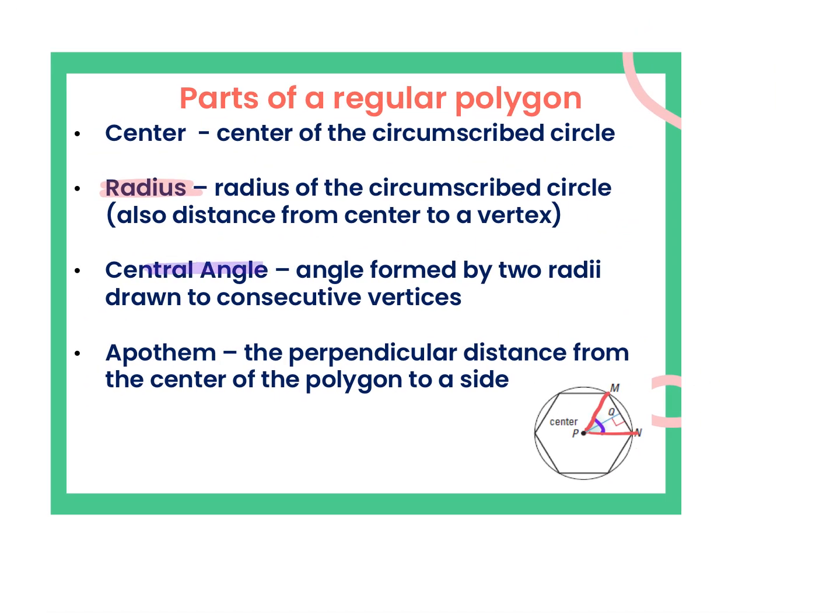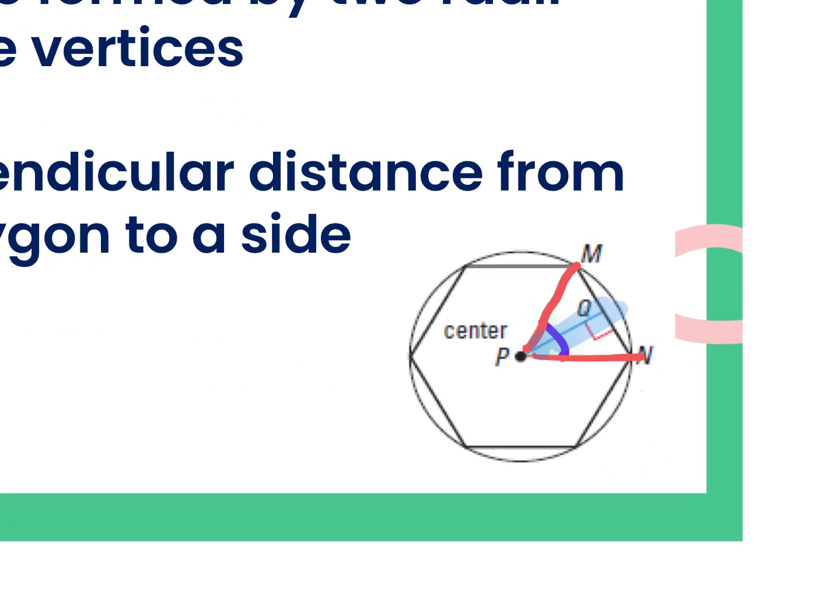And then the apothem, this is a new vocab for us. It's going to be the perpendicular distance from the center of the polygon to a side. So in my picture here, the apothem is in blue. So it's this blue segment going down here. Notice it's a distance because of the little right angle.